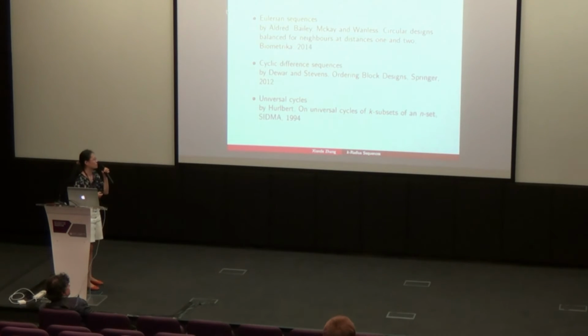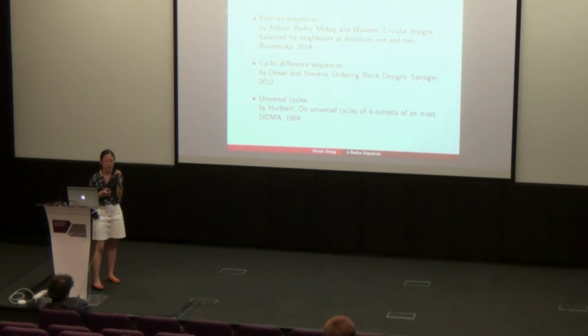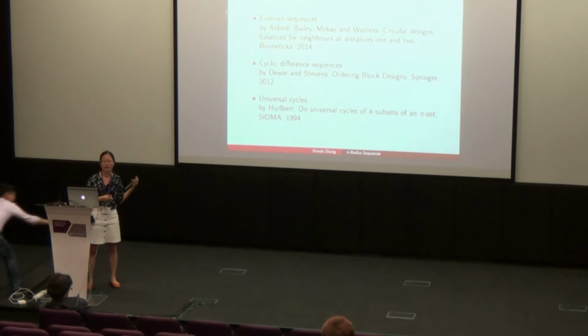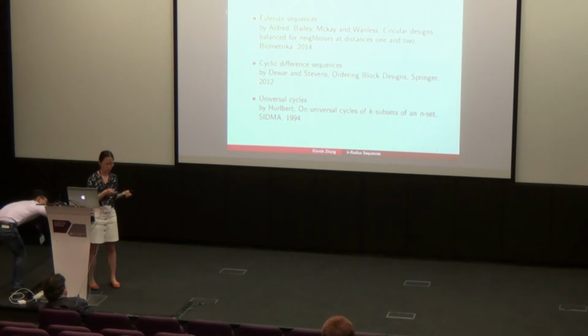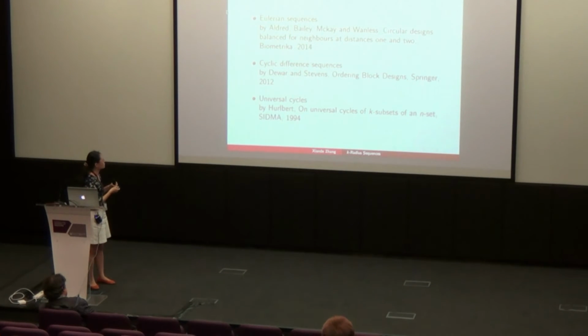Both of these sequences are also considered as cycles, and they consider the terms and the sum of two consecutive terms, and need them to satisfy some constraints, and from this they can get the structures they want. But they only consider the sums of two consecutive terms. That is just k equals 1 in our case. But we want more. The constraints are different.